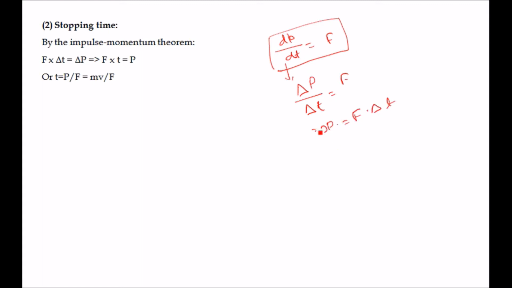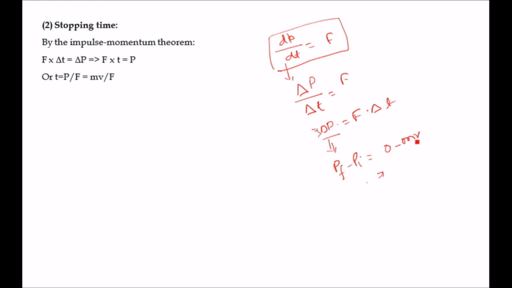What is delta p? Delta p is the change in momentum, equal to pf minus pi. Pf is the final momentum and pi is the initial momentum; the final velocity is 0, so pf is 0 and pi is mv.